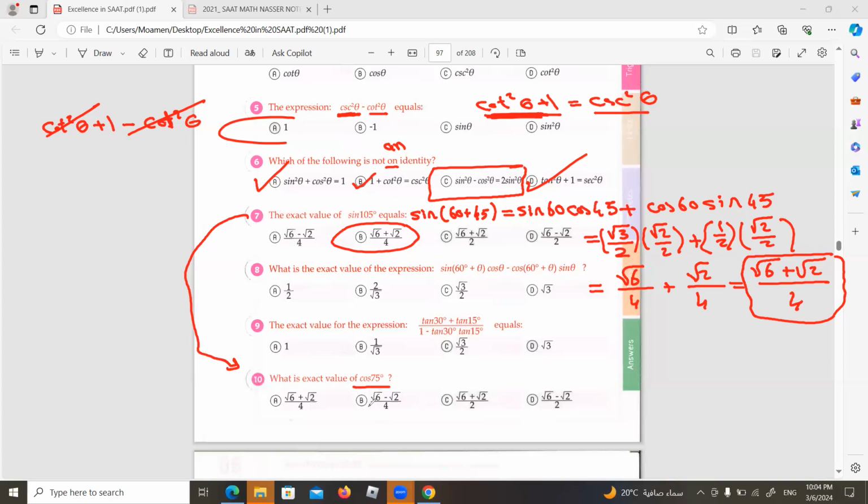How can I get 75 by plus or minus of the famous angles? We can get it from 30 plus 45. So I just get the result.